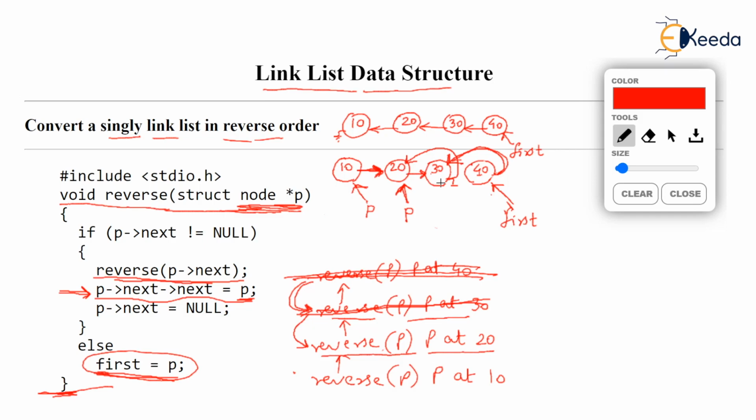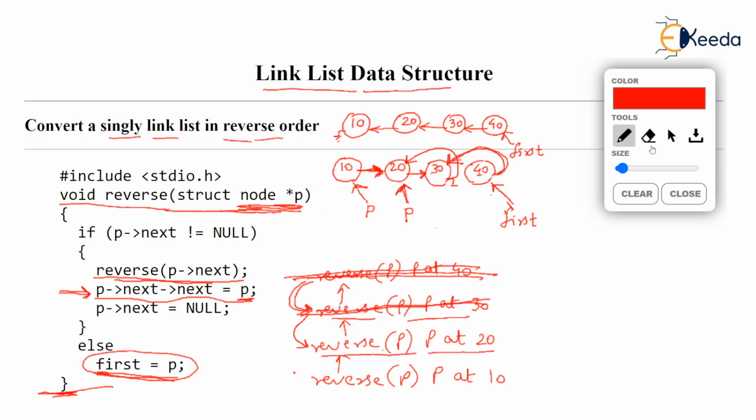So next of 30 points to 20. That means next of 30 is no more null. A short while back we made it null to break the association between 30 and 40. But now next of 30 is pointing at 20. Now continue with the next line. P arrow next equal to null. Observe the cursor place. P arrow next equal to null means 20's next should become null.